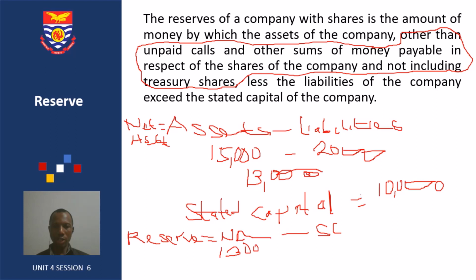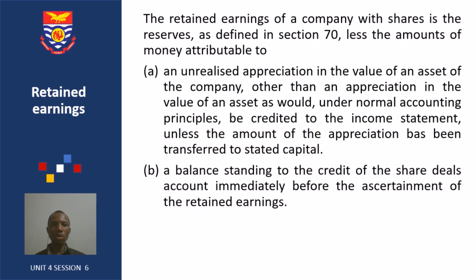You have your 13,000 here minus 10,000, which will give you 3,000. So your reserve will be 3,000. Assuming that these are the facts, the unpaid costs, other payables and treasury shares, you don't bring them into the computation. Also, you have retained earnings.